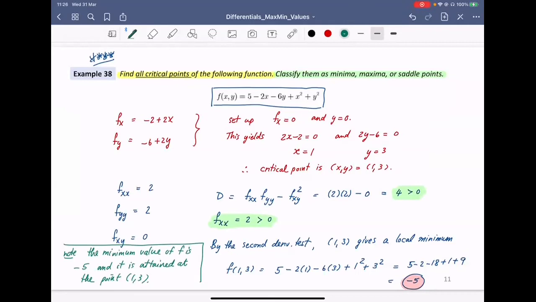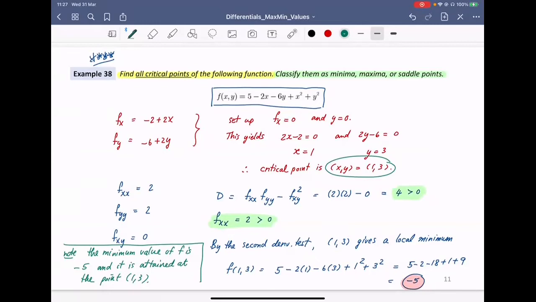If you want to find the value of the minimum, you just plug the point into the function. What we did was solve for the critical point, so we know where to get the minimum or maximum, but we had not computed the minimum value. On the last line, I computed it: f(1, 3) equal to negative 5. Sounds good? All right, any more questions?